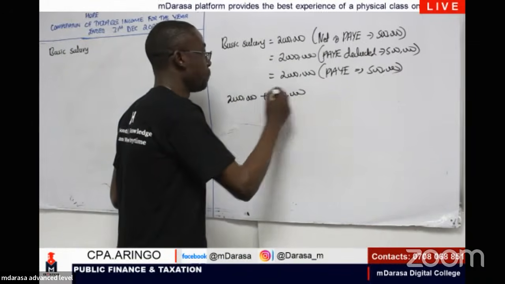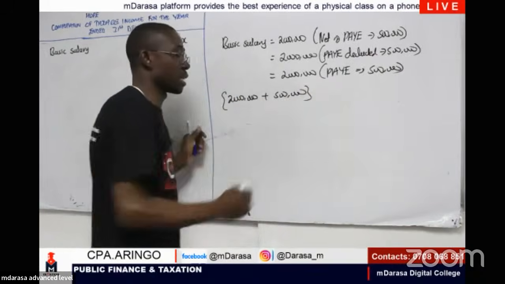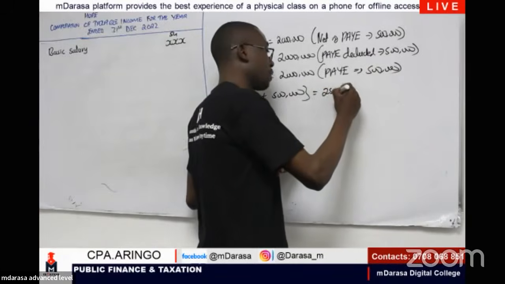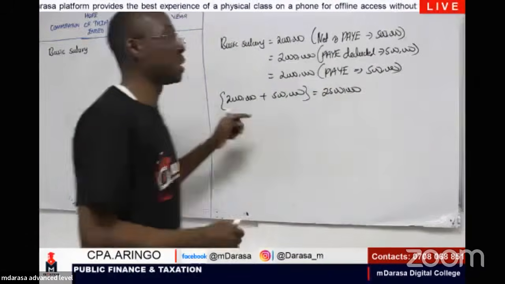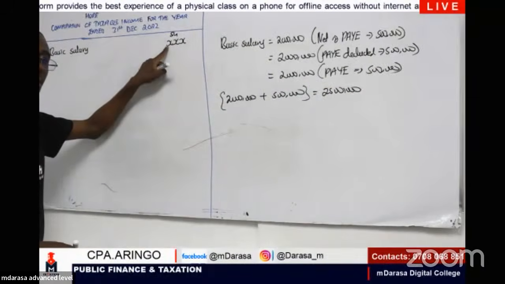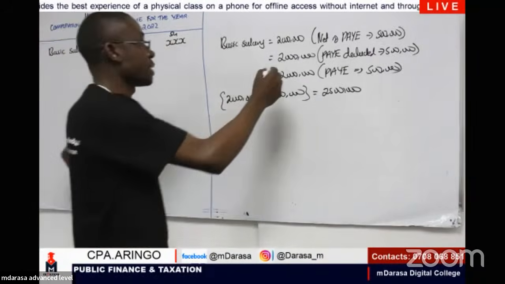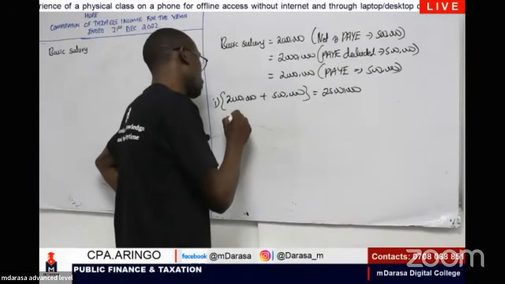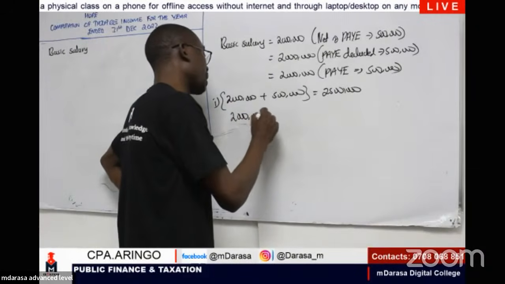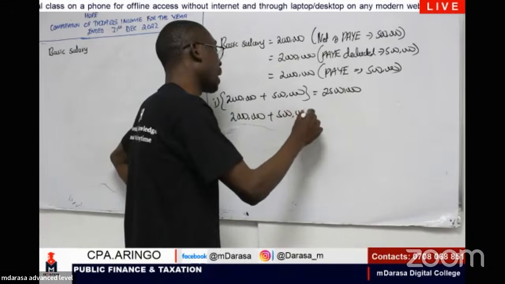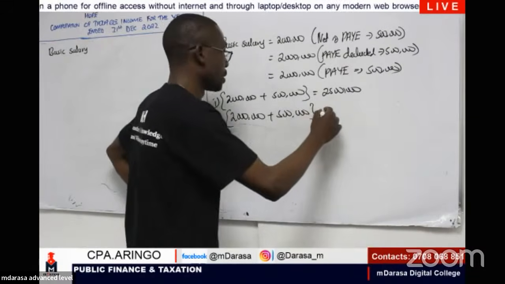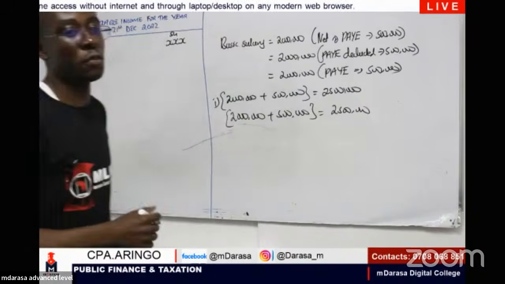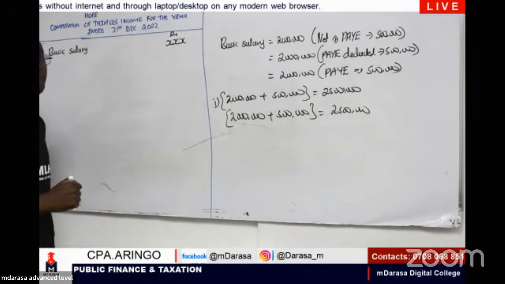That is to say, PAYE was not included in the basic salary that I'm having. So therefore, in this case, I'll be having 2.5 as my basic salary. The second statement, PAYE deducted. That is to say, my basic salary again, I'm going to add the PAYE that was deducted, so that my basic salary, I should be having 2.5. They want that to be disclosed here.